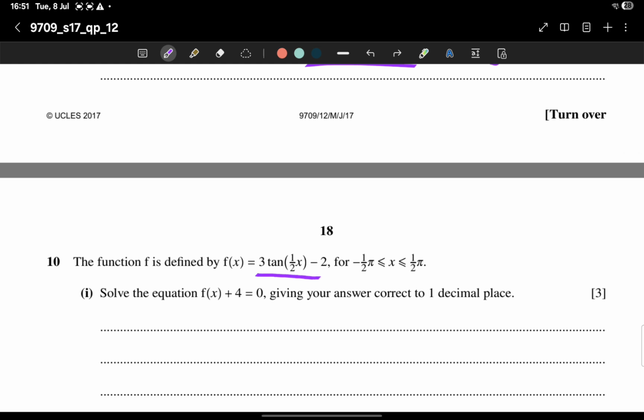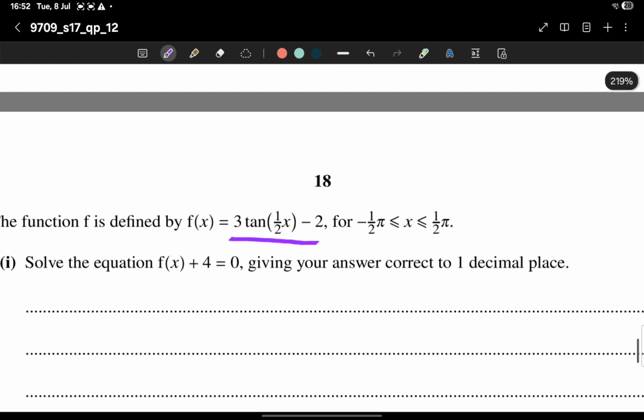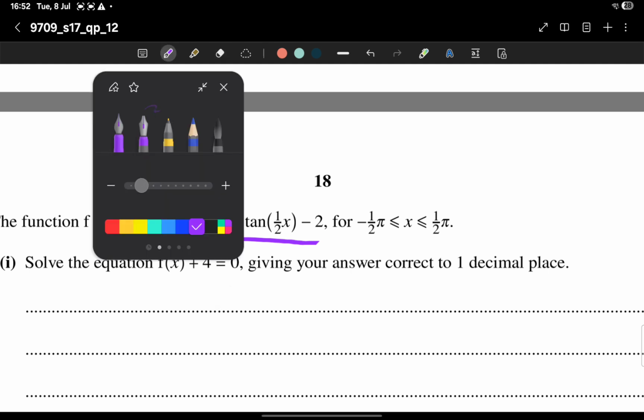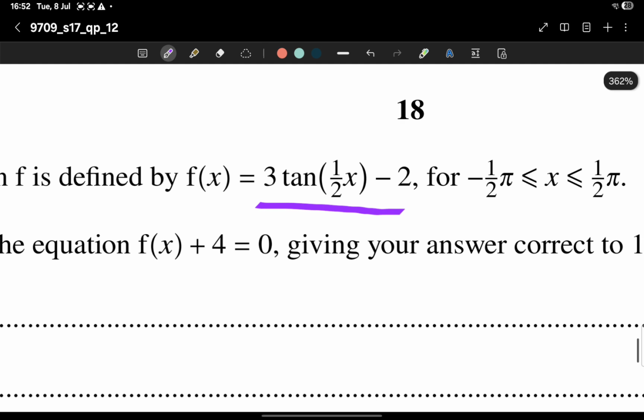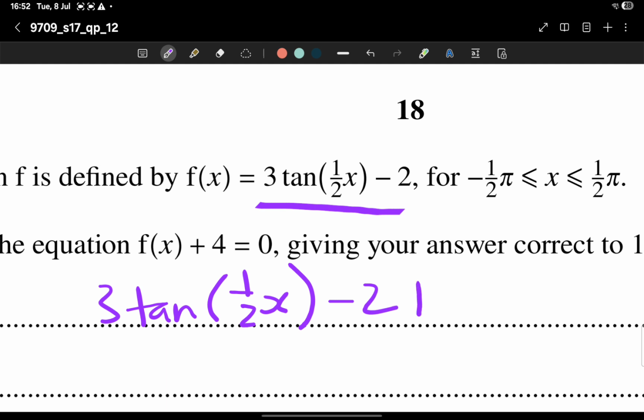So f(x) is this, right? So f(x) + 4 will be 3 tan(x/2) - 2 + 4 equals 0.